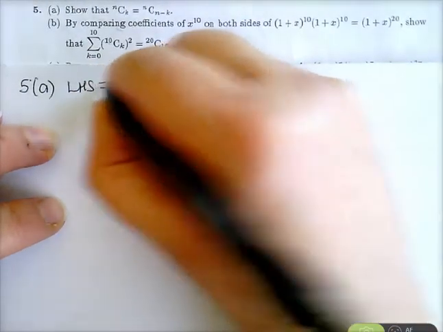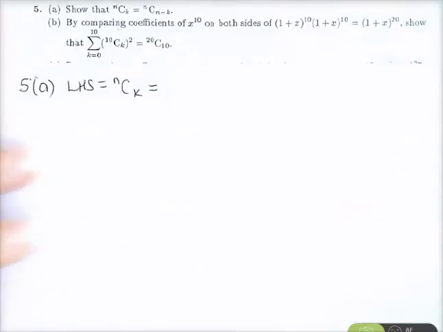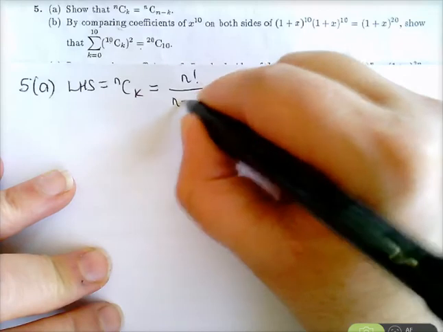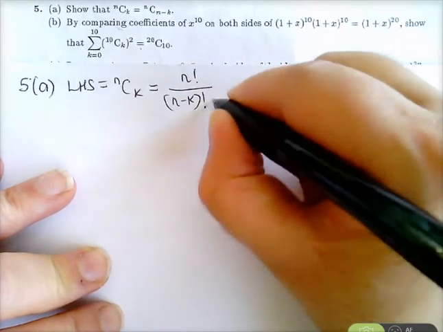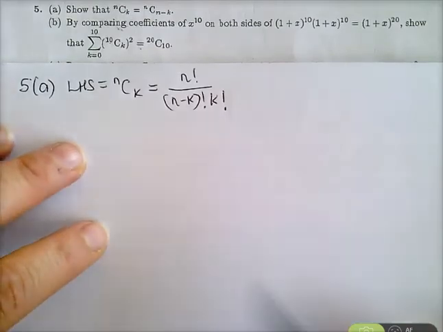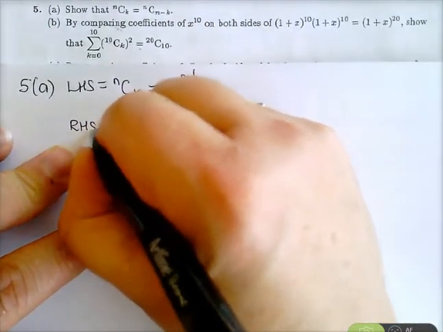Left-hand side is nCk, which is, go. Show that nCk equals nC(n minus k). Now what are you going to do? I just do the right-hand side.